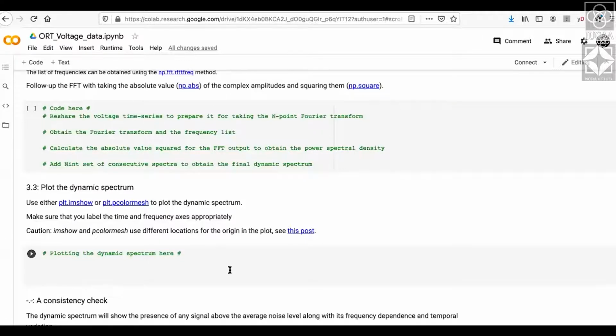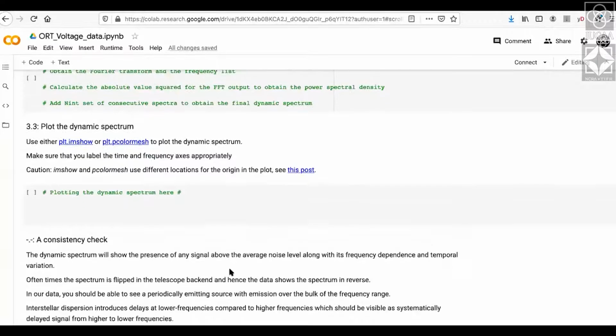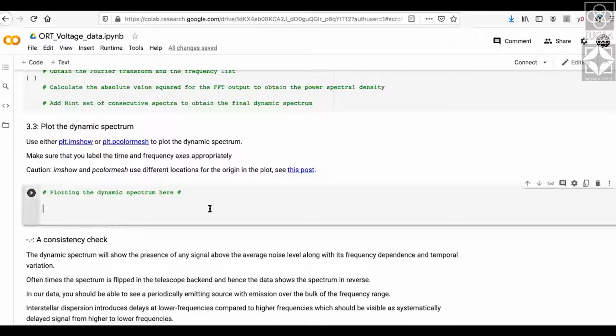Of course, the time bin will be larger now, according to the number of points you took for the FFT. You can plot this as something called a dynamic spectrum, which is how the spectrum varies with time. This will immediately start showing you if there is something interesting in your data.